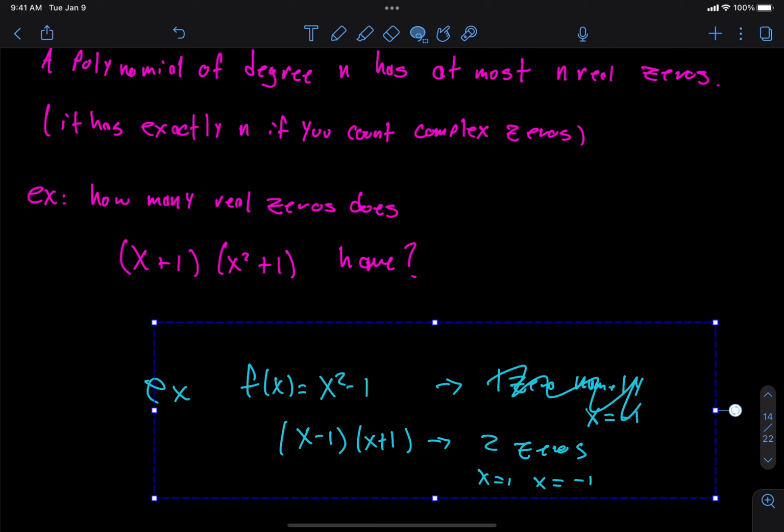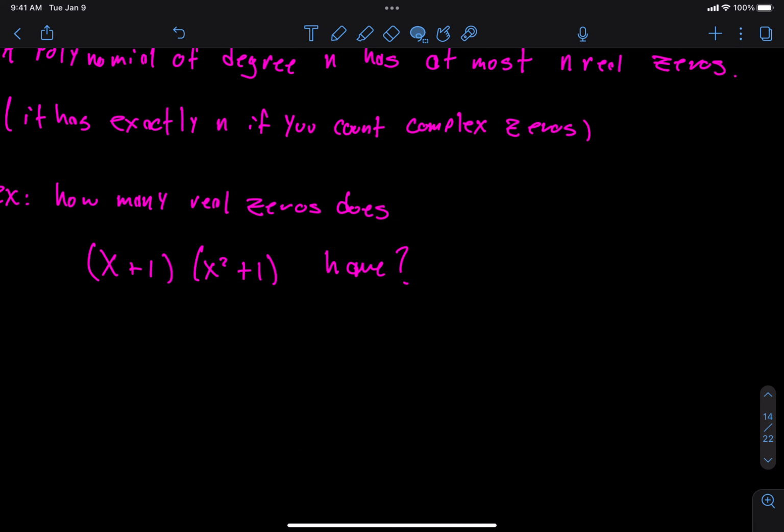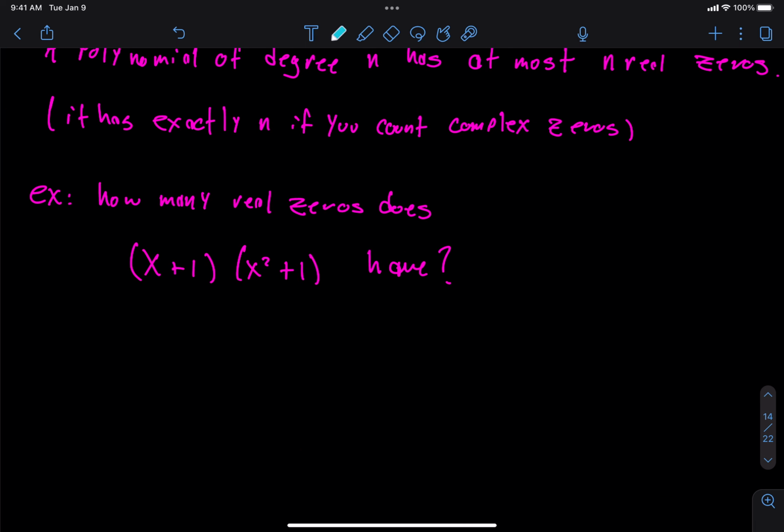Let's see an example of when it could be less than n. Well, let's take a look at this function, f of x, and I put it into factored form, right? How many zeros does this function have? Definitely x equals -1 would be a 0, because that would make this factor 0. Are there any other zeros?